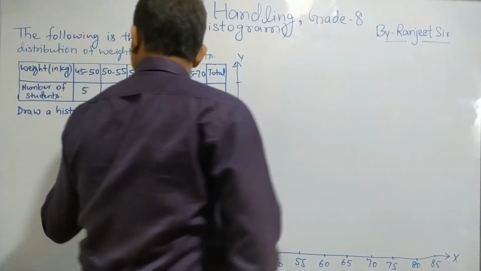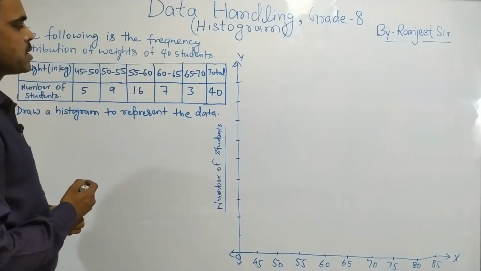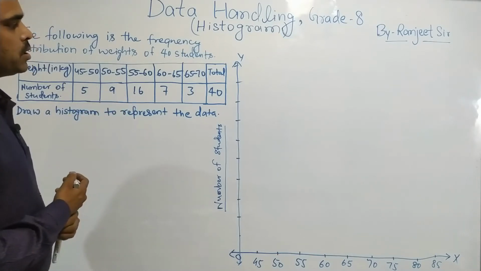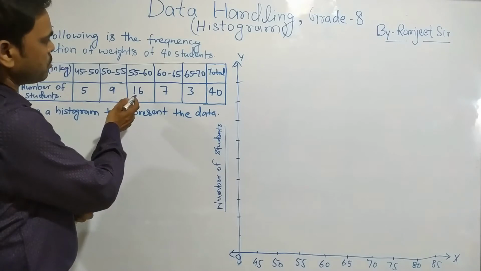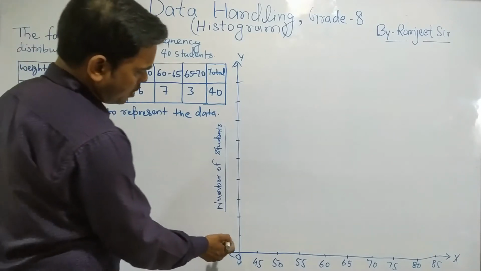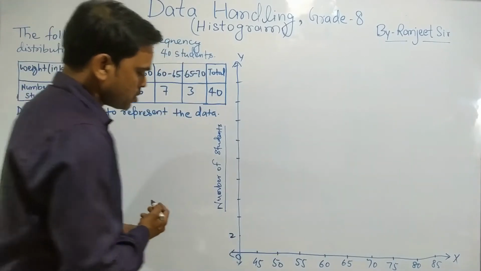Now you can see the number of students written there: 5, 9, 16, 7, 3. So the maximum is 16, so I can use a difference of 2.